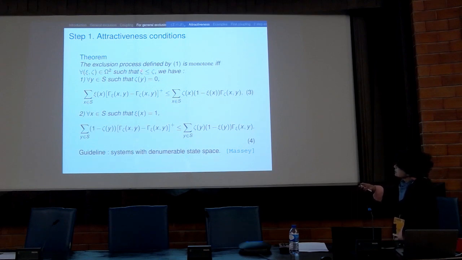So we take a general exclusion process, so with the rate gamma psi or gamma zeta. So if we take psi, zeta two configurations so that psi is less than zeta, we will look at jumps. So first we look at jumps with some arrival site y. So if I take some y such that zeta of y is equal to 0, so my arrival site will be empty for zeta, but since I have this order here, psi less than zeta, it will also be empty for psi.